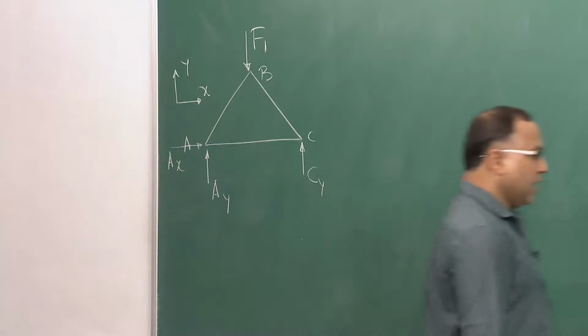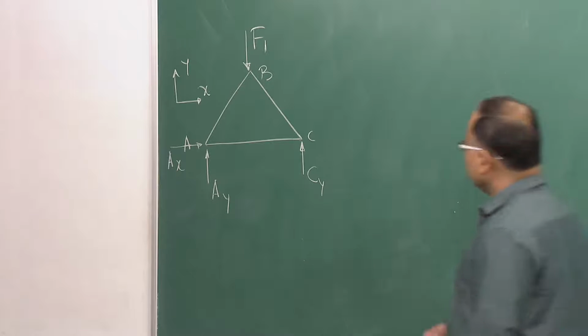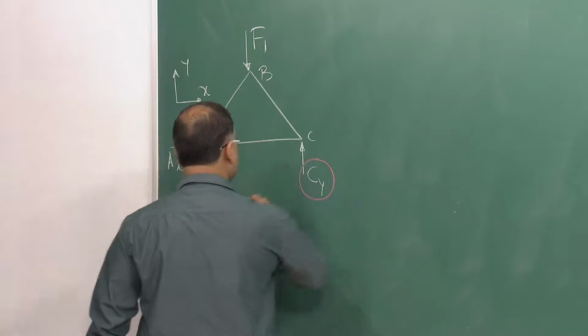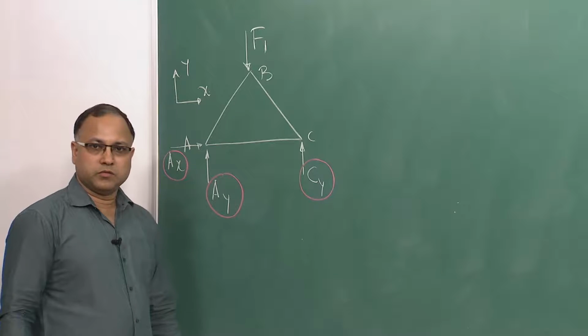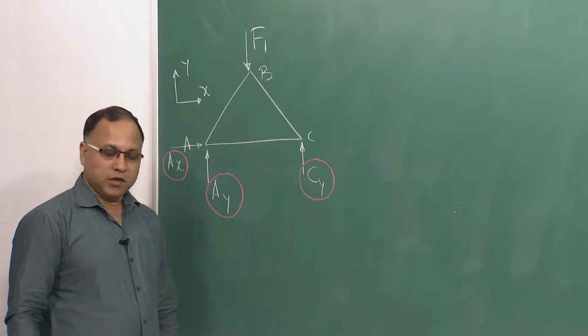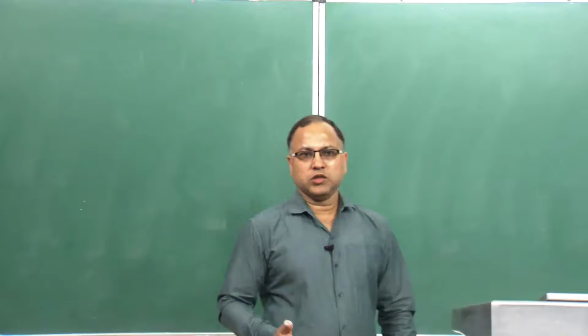So, these 3 are your unknown support reactions. You have 3 equations of equilibrium, you have 3 unknowns. So, you can solve it.